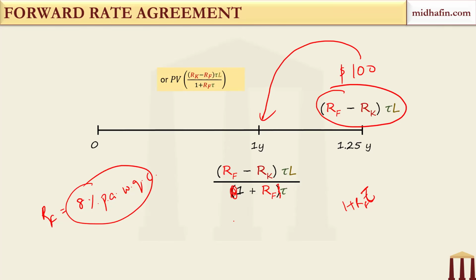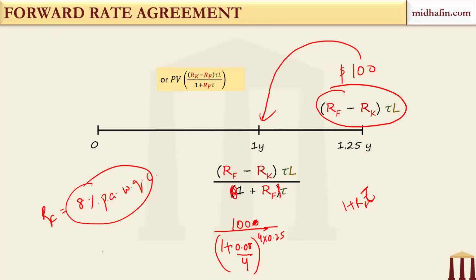Are you going to use this formula? 100 divided by 1 plus 0.08 divided by 4, raised to the power 4 multiplied by 0.25. Yes or no? Do you agree on this?